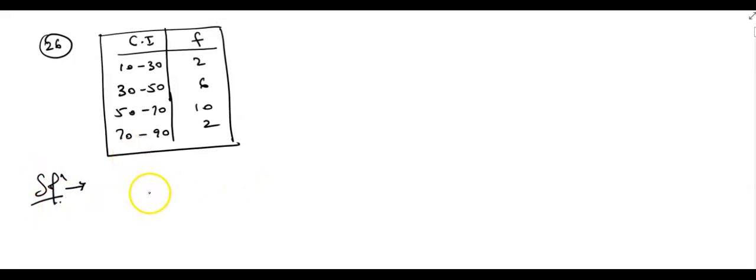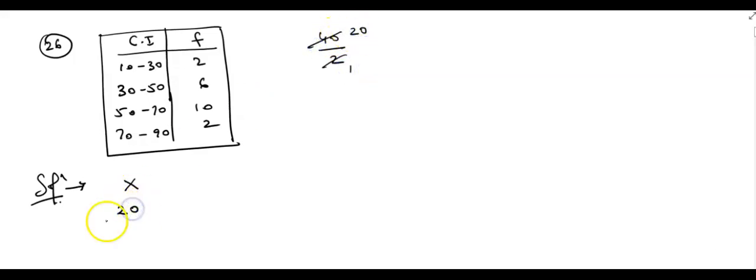Now, first what you have to do, they have given class interval and frequency. Now 10 to 30, what is the midpoint? We have to find the midpoint of 10 and 30. To find the midpoint of 10 and 30, add both the numbers. 10 plus 30 is 40, divide by 2. You have to add the first number and last number and divide by 2 for every value, then you will get the next mid term. 10 plus 30 is 40, 40 by 2, 20.